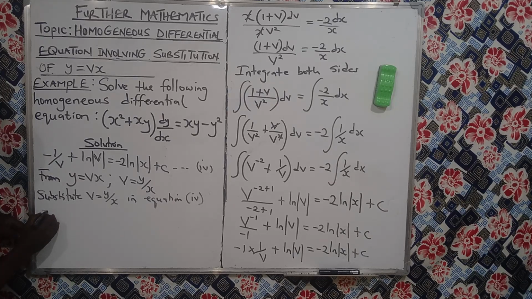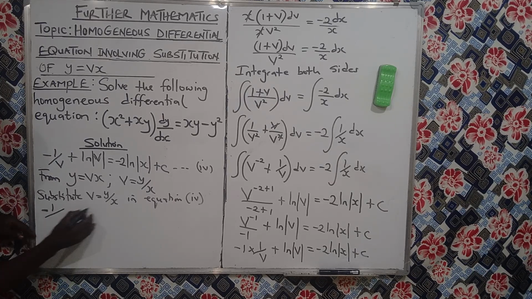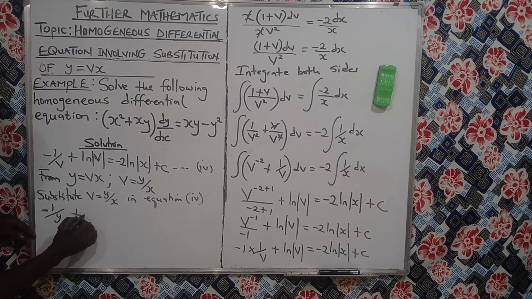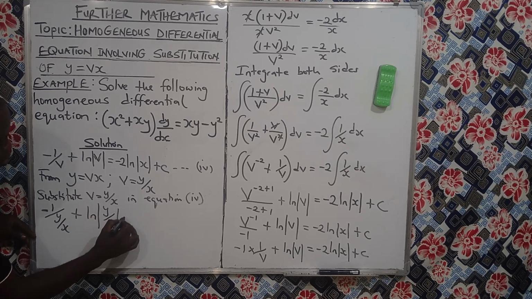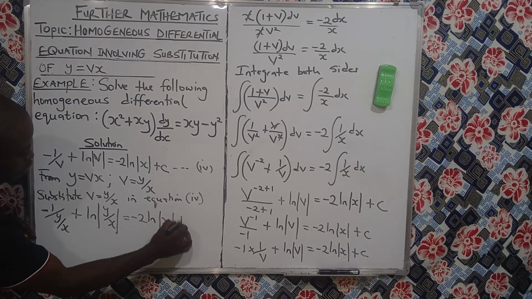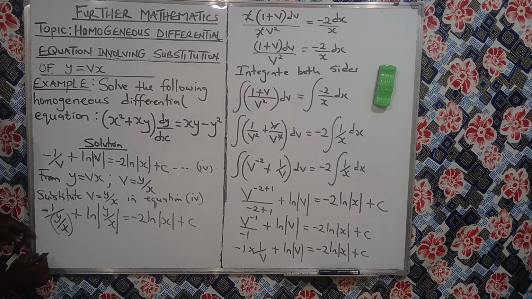Now we have minus 1 over y over x plus ln y over x equals minus 2 ln x plus c. Don't forget that y over x are together.